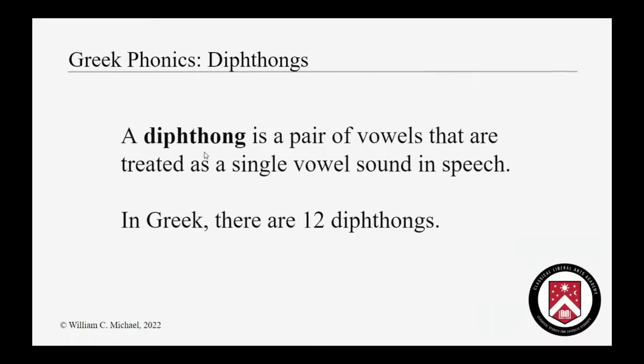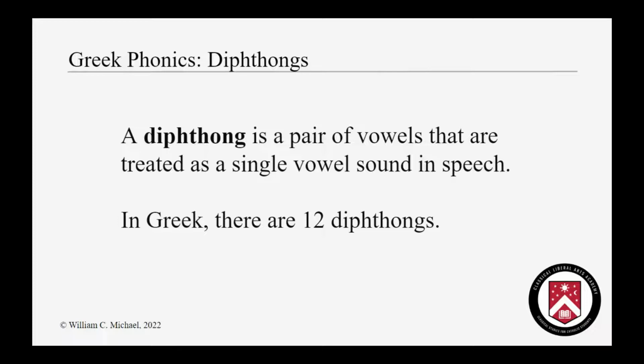A diphthong is a pair of vowels or vowel sounds that are treated as a single vowel sound in speech. So when we see a diphthong, which is a special pair of vowels, we have to know to read that pair of vowels as a single sound or as a single syllable.